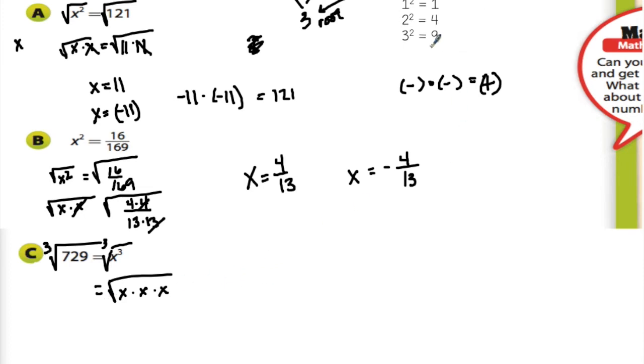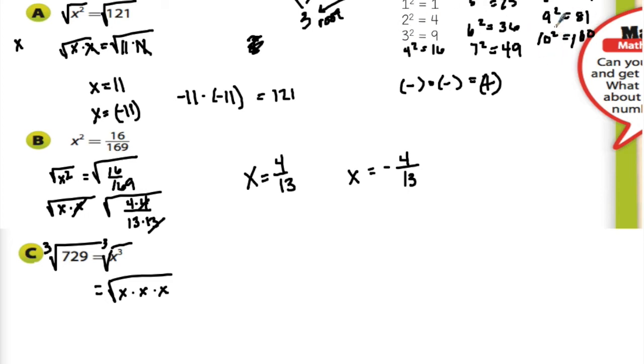So if I look at these different options here, 4 squared equals 16, and 5 squared equals 25. 6 squared equals 36. 7 squared equals 49. 8 squared equals 64. 9 squared equals 81. 10 squared equals 100. Now I should know my other perfect squares, but in terms of cubes, I'm really only working 1 through 10.